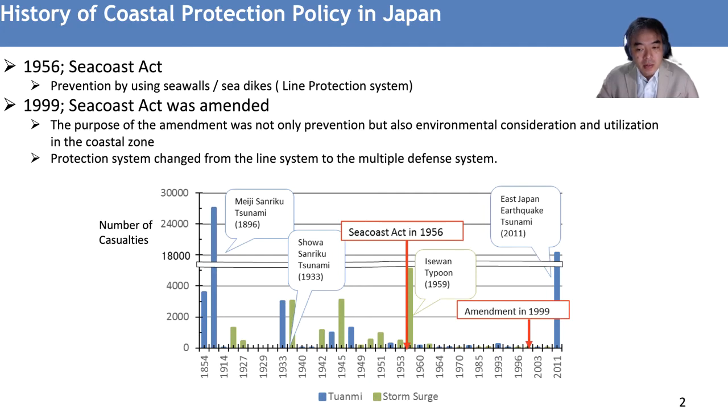But in 2011, the East Japan earthquake tsunami occurred, and more than 18,000 people died.